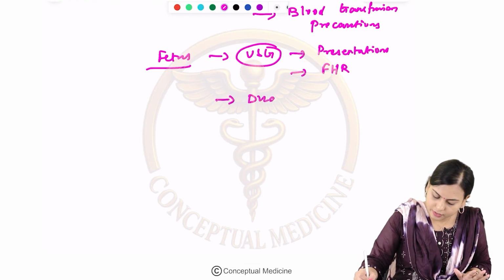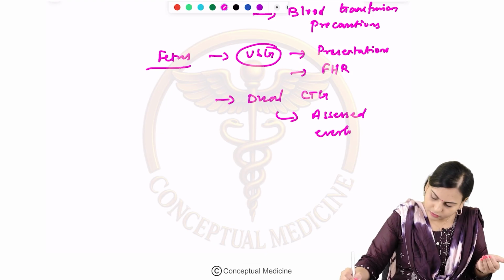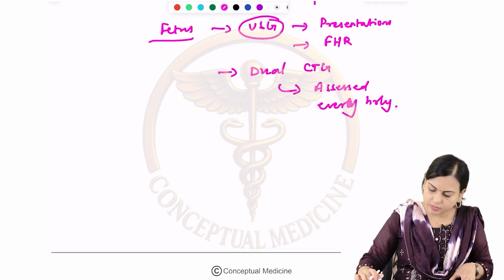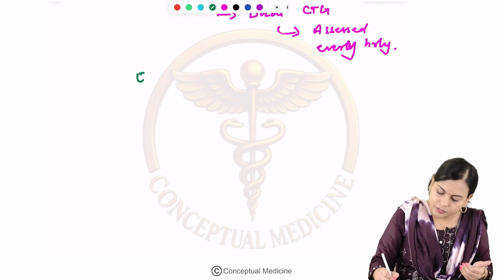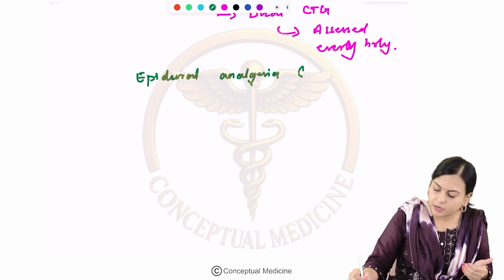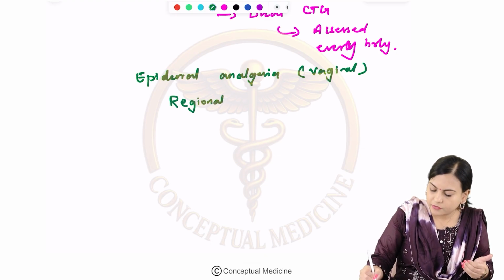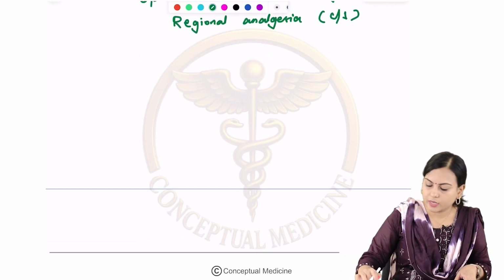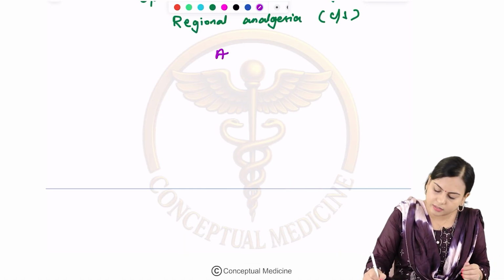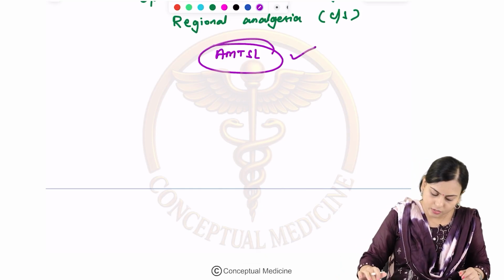You have to give dual CTG monitoring, and this should be assessed hourly, okay. The mother can be given epidural analgesia if you are allowing a vaginal delivery, or regional analgesia if you are planning a cesarean section. And definitely during the third stage of labor we will be performing AMTSL, that is active management of third stage of labor. No doubt in that.